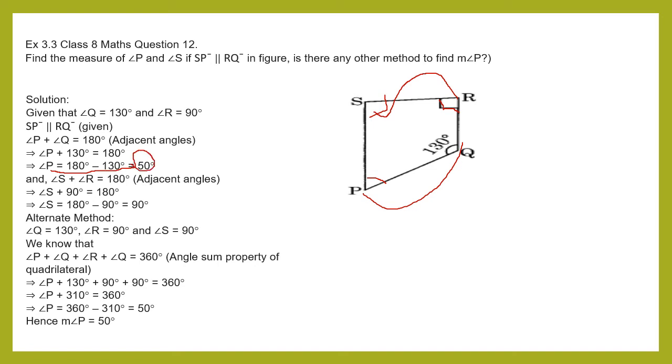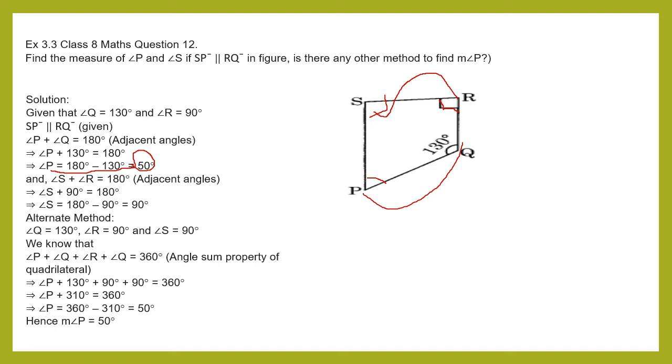So the measure of angle P is equal to 50 degrees. Now let us come to the measure of angle S. Children, angle S plus angle R is equal to 180 degrees. As I said, the adjacent angles are 180 degrees. That means the sum of the adjacent angles is supplementary. So angle S plus angle R is equal to 180 degrees. We know the value of angle R as 90 degrees.